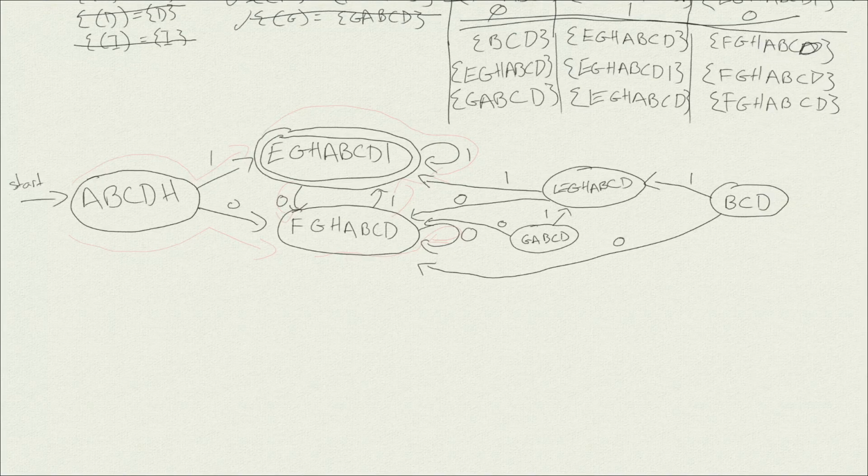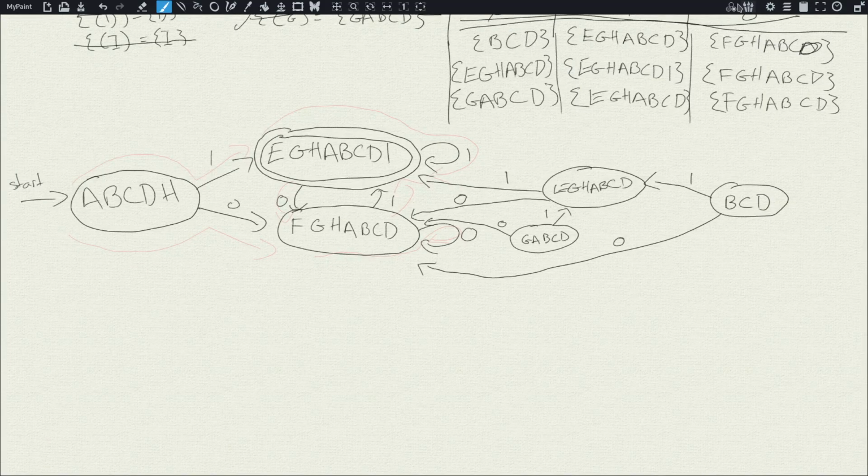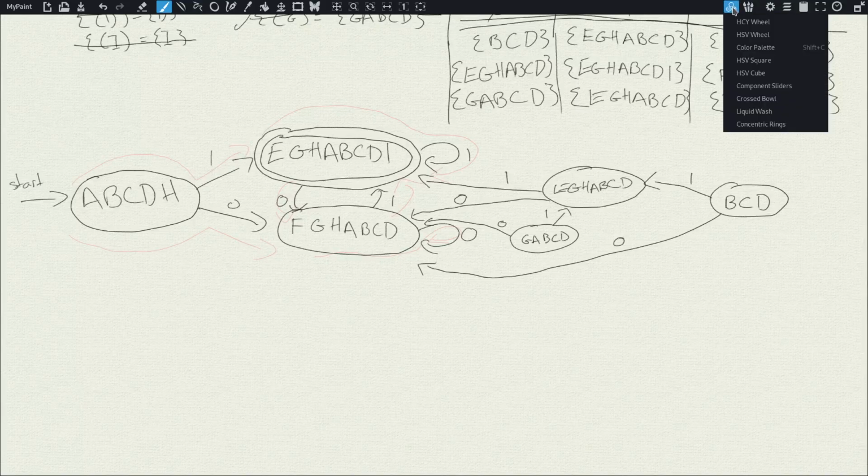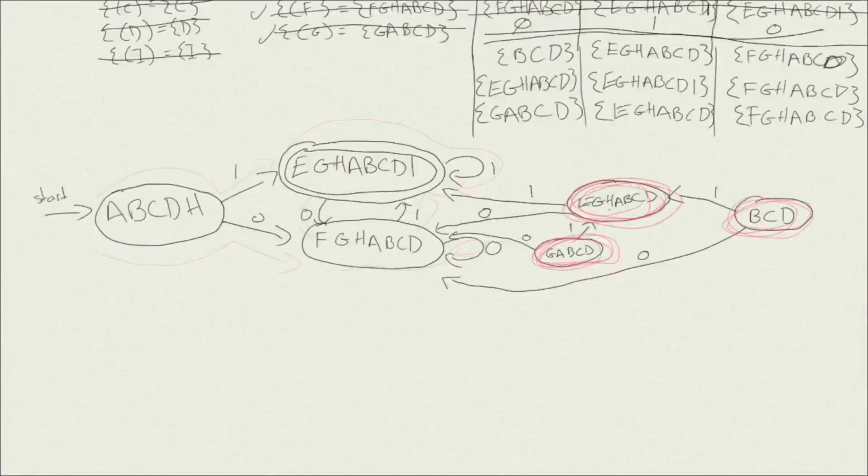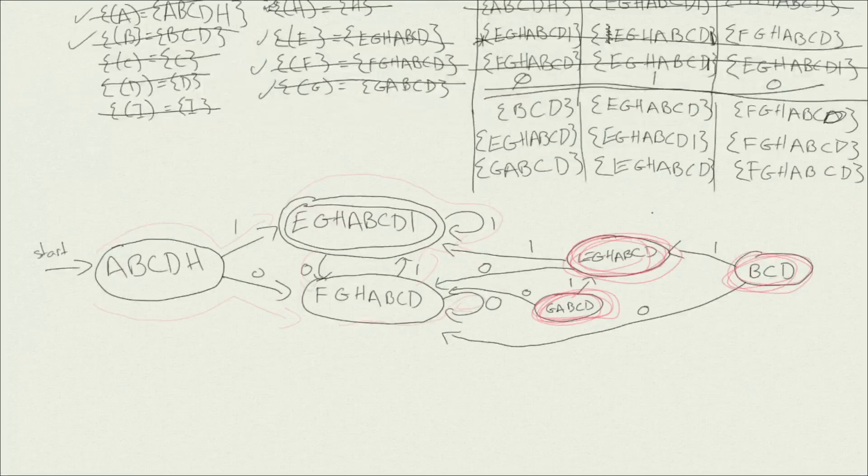Well, can it go? How are we supposed to get to these states? Well, there is no state in here that tells us how to get into here. So these are actually optimizations for our DFA. So I'm going to cross this in red. Don't care about this, don't care about this, don't care about this.